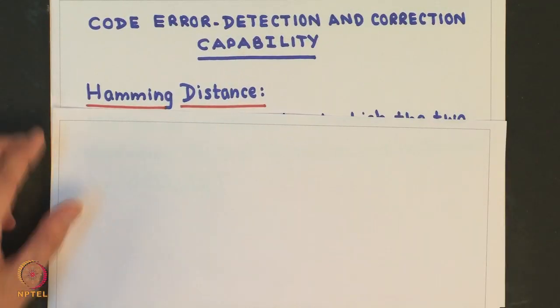Now, we would like to understand the error detection and correction properties of a linear code. In order to do that, we need to understand some preliminaries, and let us do that first. So, the first thing is the concept of Hamming distance.